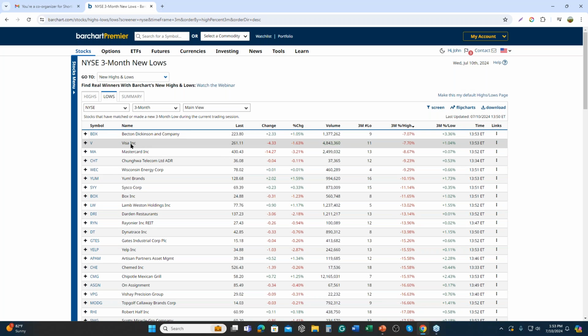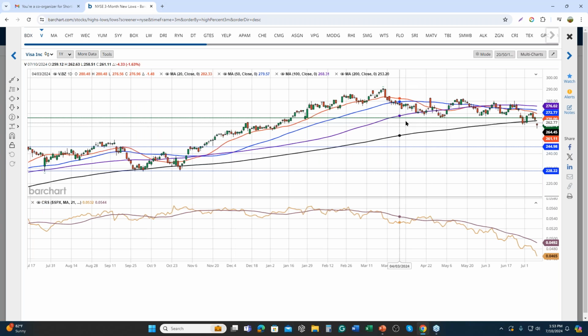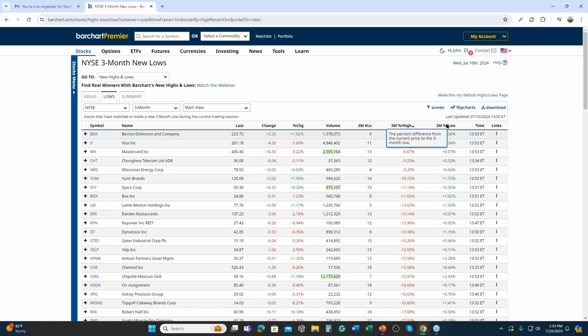But for instance, here we're looking at Visa and MasterCard, two very similar stocks. These are breaking down on some critical moving averages, so these might be a better timely entry. Let's go back and reverse this.